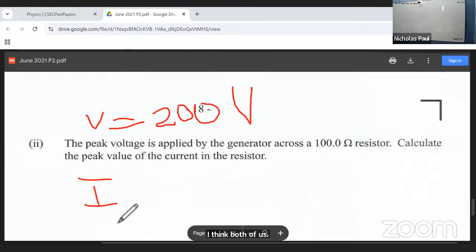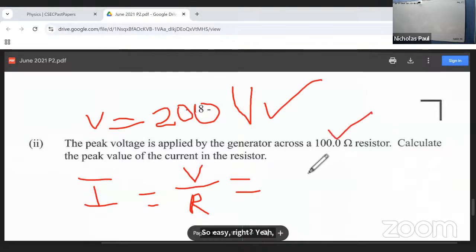Yes, I is equal to V over R. Not V by R. V over R. I is equal to V over R. See how easy? You have your voltage here, and resistance here.